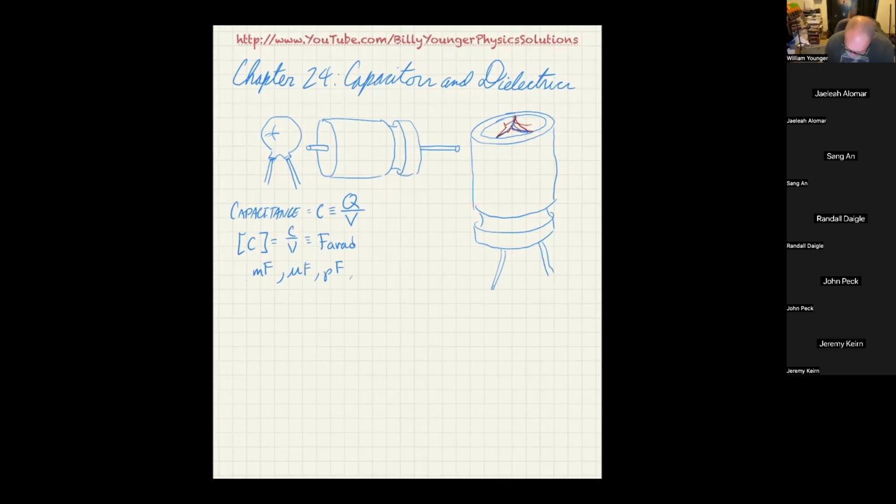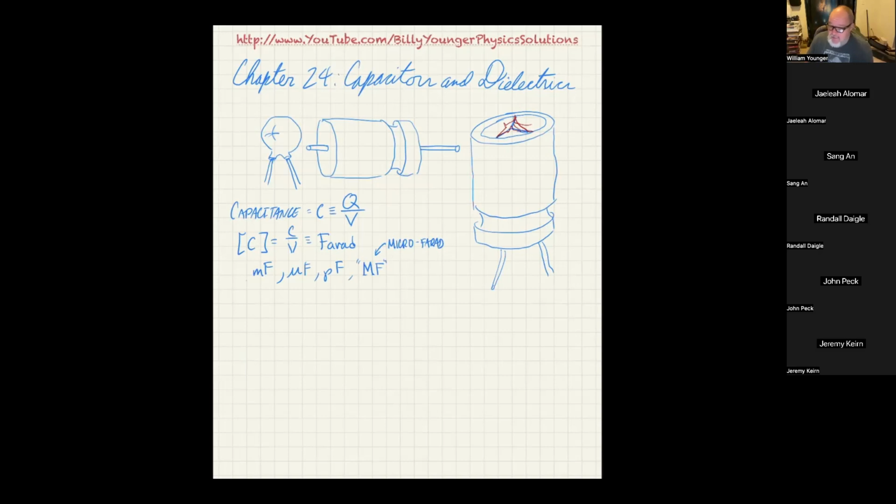A lot of times I see this on it, and that too means microfarad. Hopefully more manufacturers will start putting micro on there, because I imagine at some point we're going to have to actually use megafarad capacitors, and that would be a problem. I'm not positive that we're going to.